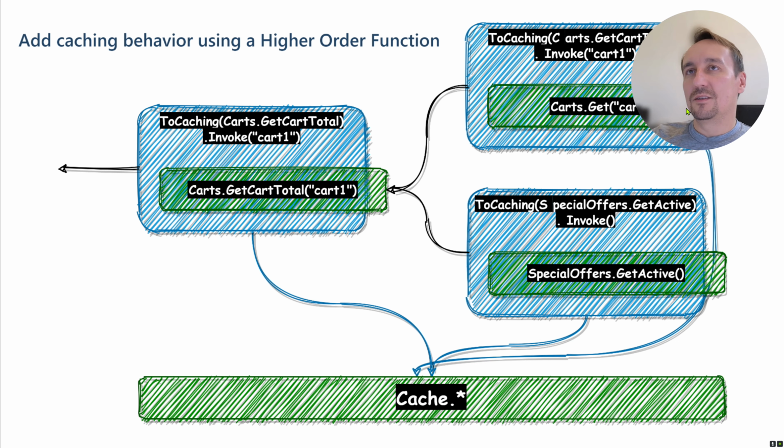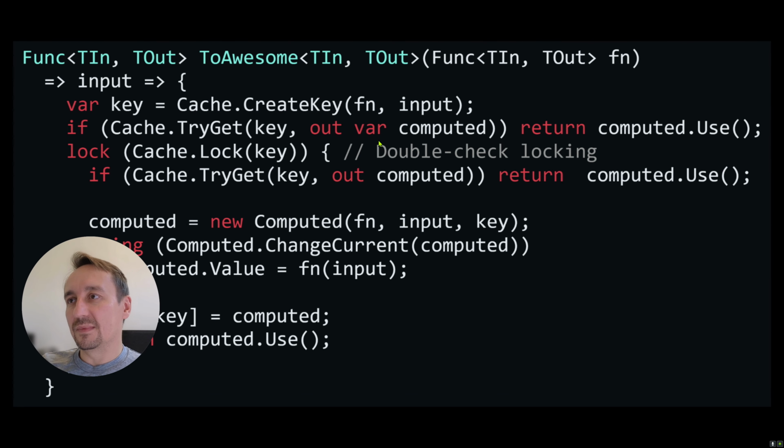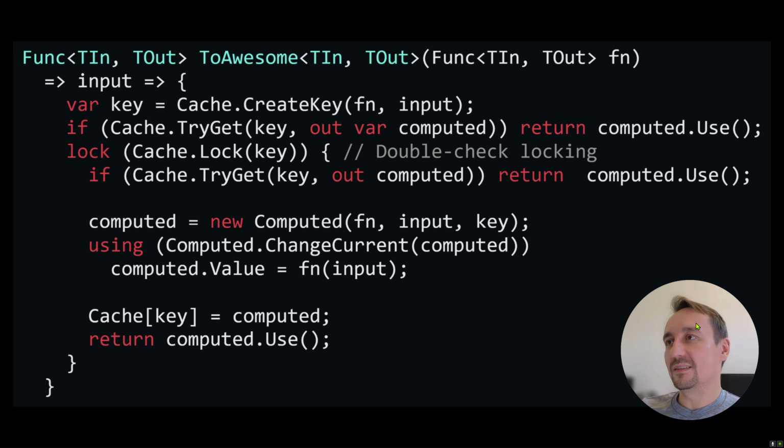Okay, so how does Fusion work? Well, it wraps your functions into basically a higher order function, a decorator, that adds this incremental build and caching behavior. An extremely simplified version of this decorator would look like this. It produces a key from the function you call and its input.